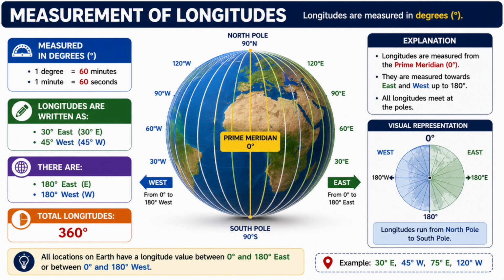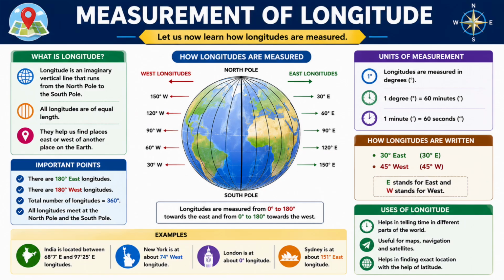Longitudes are written as 30 degrees east and 45 degrees west. There are 180 degrees east longitudes and 180 degrees west longitudes. Therefore, the total number of longitudes is 360. Unlike latitudes, all longitudes meet at the North Pole and the South Pole.